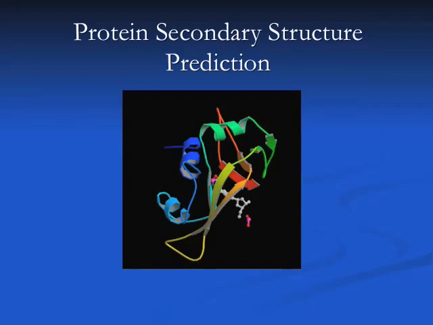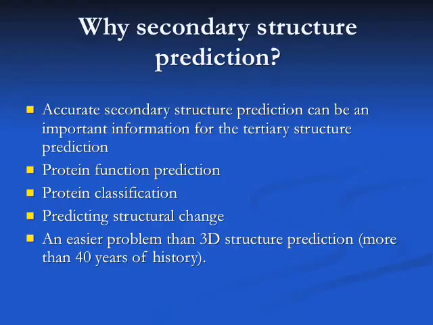Let's talk a little bit about protein secondary structure prediction. Why do we need to do this? Accurate secondary structure prediction is really important for figuring out the next levels, tertiary and quaternary. It's also really important for figuring out what the protein might do, and it's useful for protein classification.